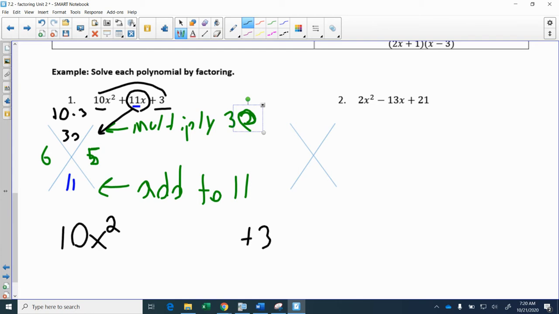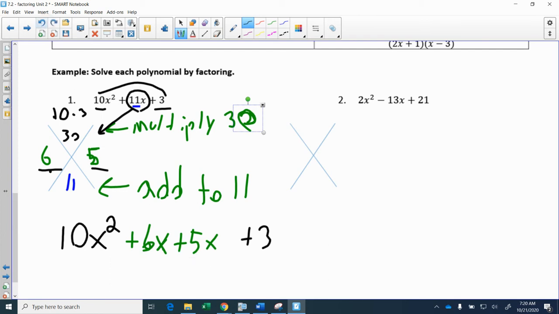The first and the last number are always going to stay the same. The value that changes when I rewrite the problem is the two numbers from the X. I had a 6, so I'm going to write plus 6x, and I had a 5, so I'm going to write plus 5x. Notice how these two values got inputted in the middle instead of the 11x.